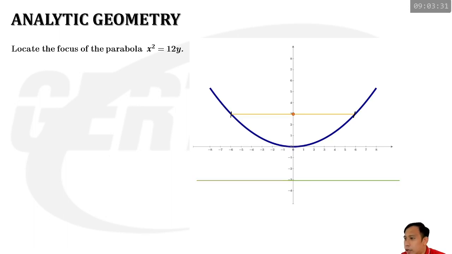This is a line. So, nasa arrows dapat. Again, this is what we call a latus rectum. Yung length niya is equal to 4p.